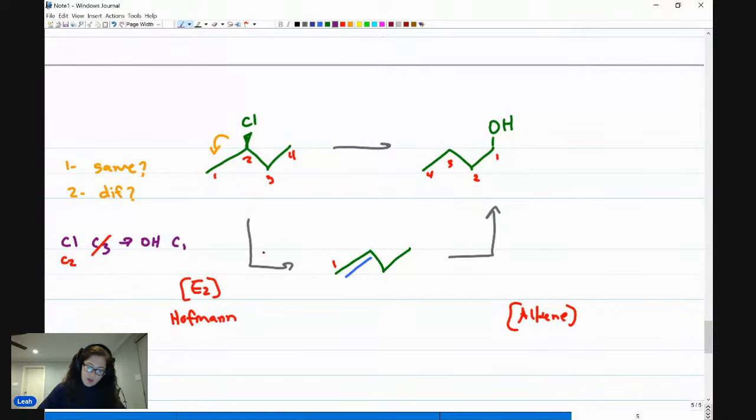We already saw that tert butoxide in tert butanol is going to give me the elimination with the less substituted pi bond for the Hofmann product. Now that I have the alkene, I need an alcohol at the less substituted position. I need an anti-Markovnikov alcohol product.